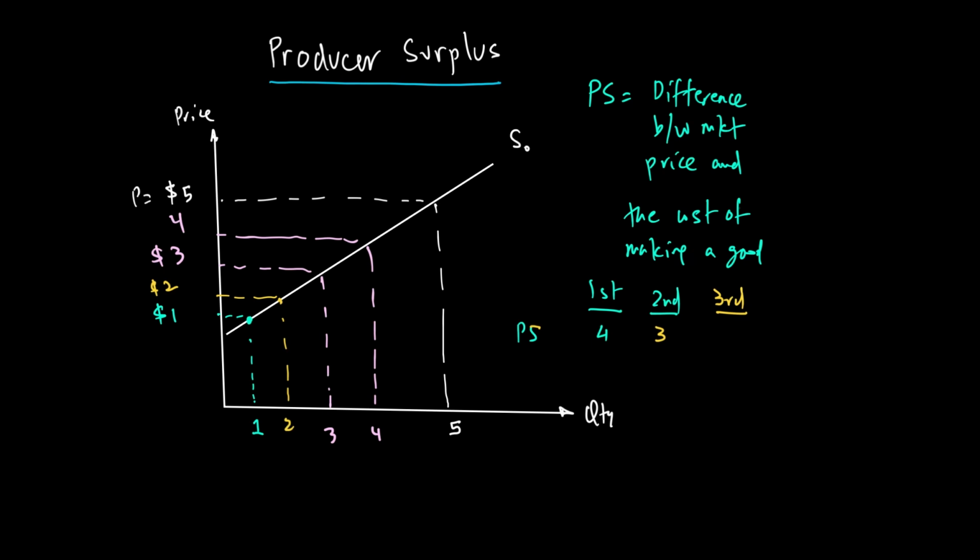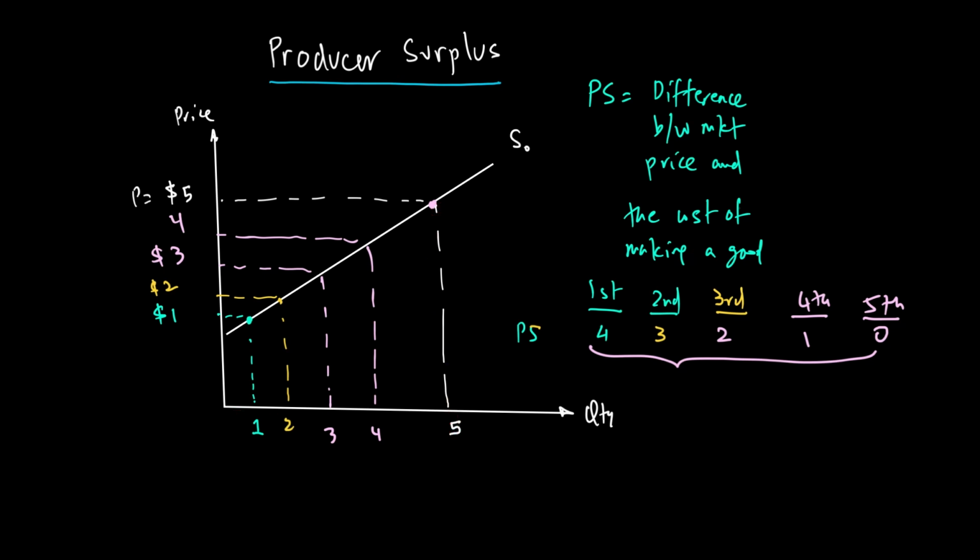For the third one, my cost is 3, so 5 minus 3 is 2. For the fourth one, my cost is 4, so 5 minus 4 is 1. And then for the fifth one, its cost is 5, price is 5, so that's 0, which would mean I have pocketed producer surplus all the way till the fifth one.